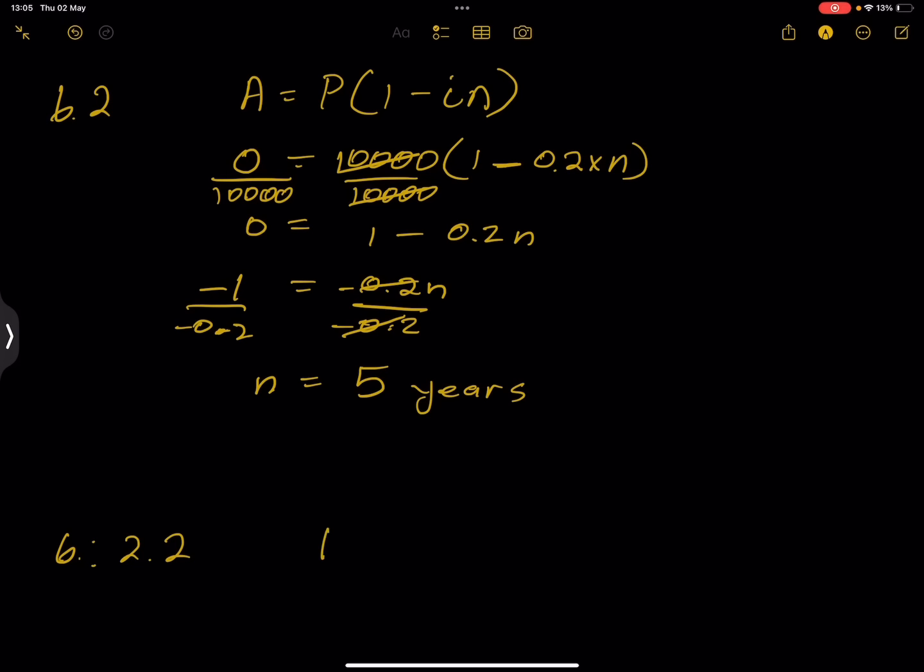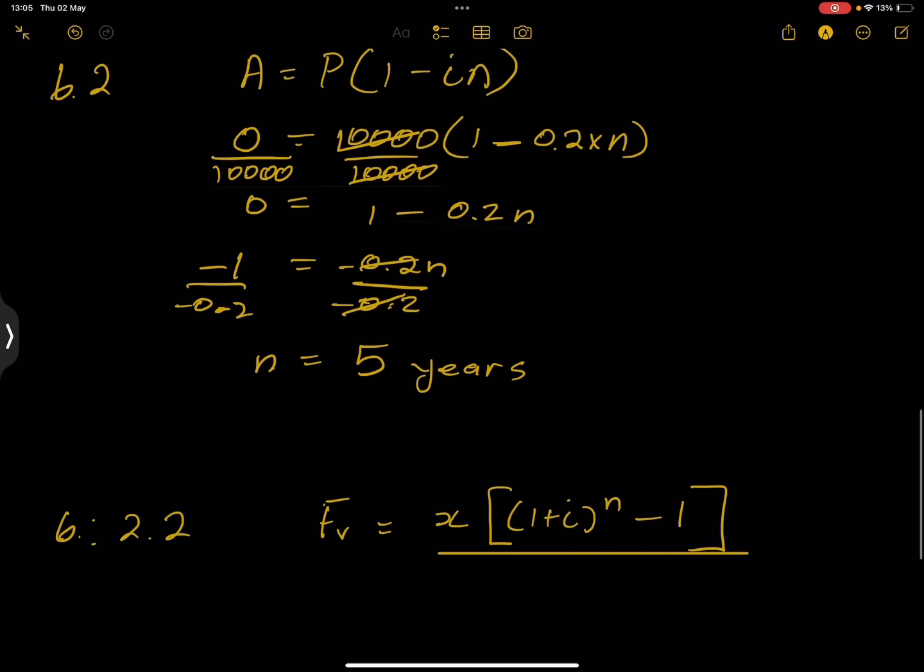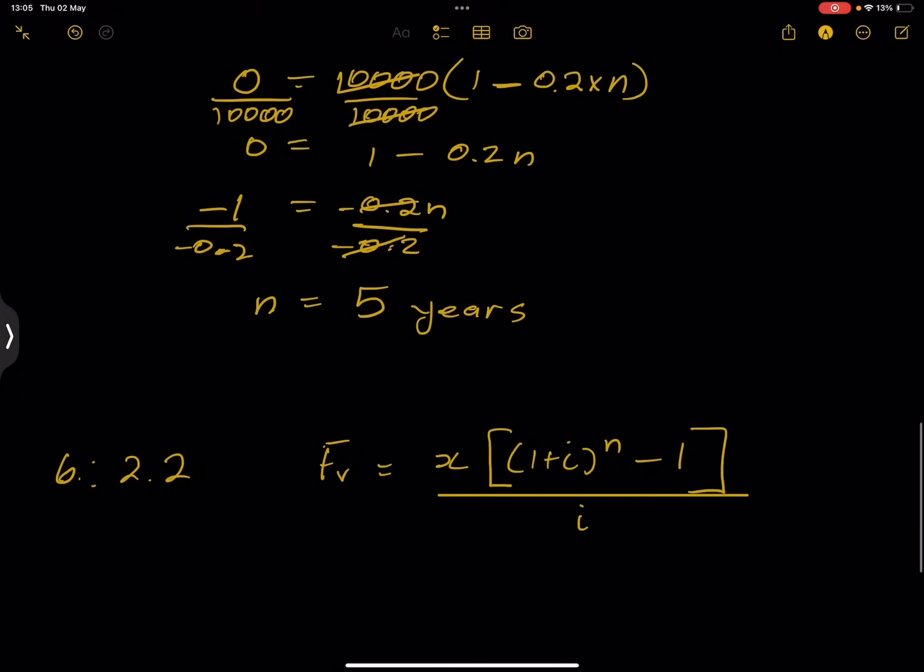Our future value formula is x into 1 plus i, all exponent n, minus 1, divided by i, well, we can say i over m. So we might as well do that, divided by i over m.